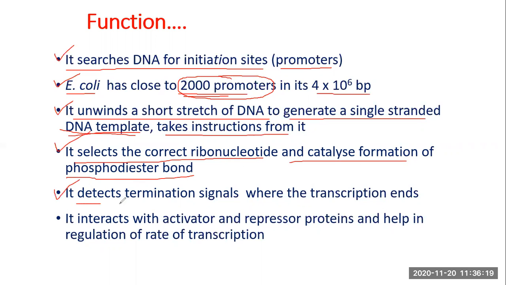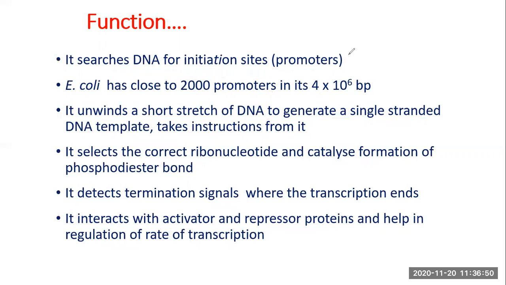It also detects the termination signals where the transcription process terminates, and it interacts with the activator and repressor proteins so that transcription can be regulated. The rate of transcription can be regulated by interacting with the activator molecules and repressor molecules. If it interacts with an activator molecule, obviously the rate of transcription will increase. And if it interacts with the repressor molecule, the rate of transcription will decrease.